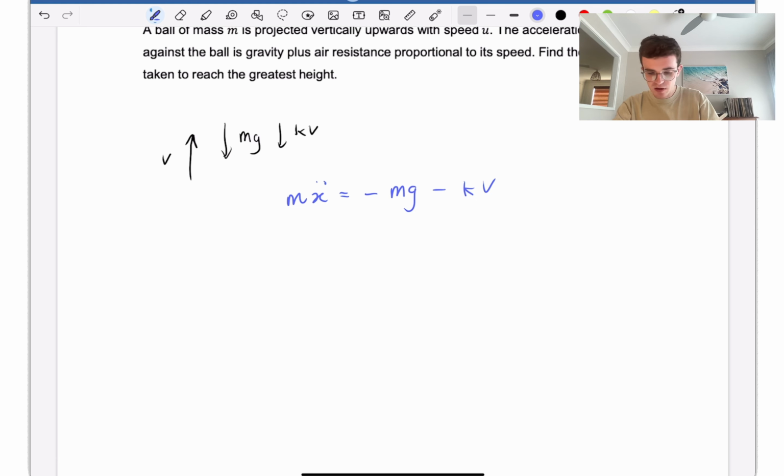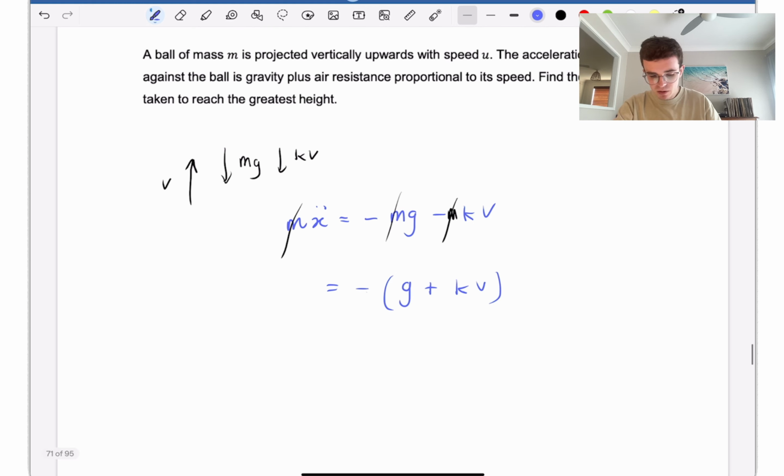So for simplicity of the maths, we might put an m here. Do you have to? No, but it's going to make your maths just a bit easier. So we're going to say this is minus outside of g plus kv, and that's equal to, let's see what we want. We want time and greatest height.